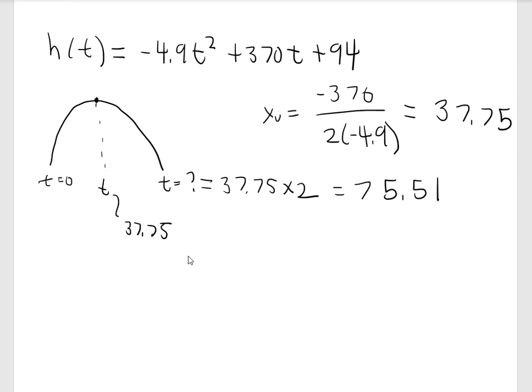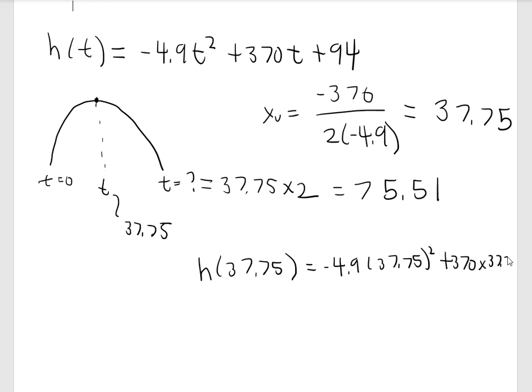So what I have to do is find out what h is at 37.75. And that's going to equal minus 4.9 times 37.75 squared plus 370 times 37.75 plus 94.